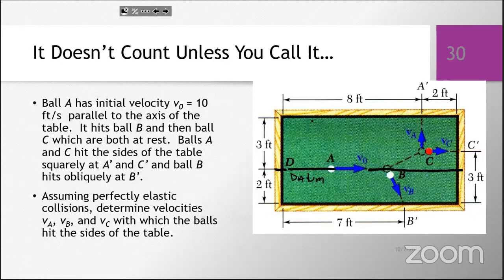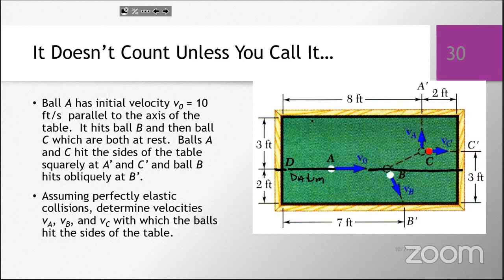Remember, it's positive or negative based not on the distance that it is away, but on what the rotation would look like. So point A is 2 away from this corner, because we're going to measure everything from this corner. If I'm pushing this way, that's going to cause a clockwise rotation. That's going to be negative, so that's going to be a negative angular momentum that we have there.